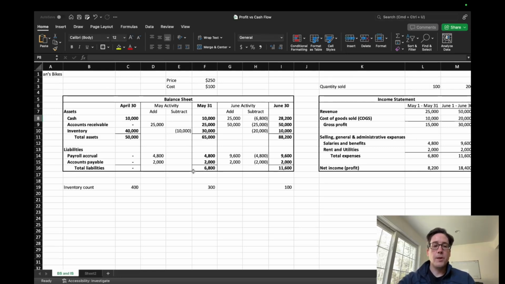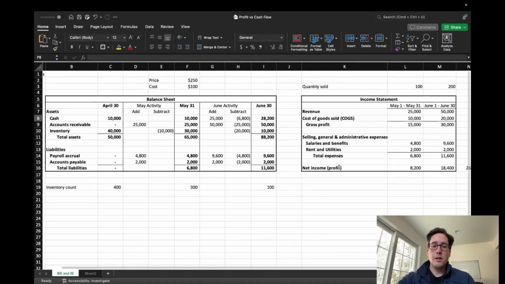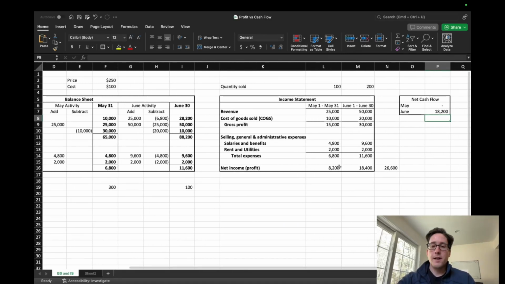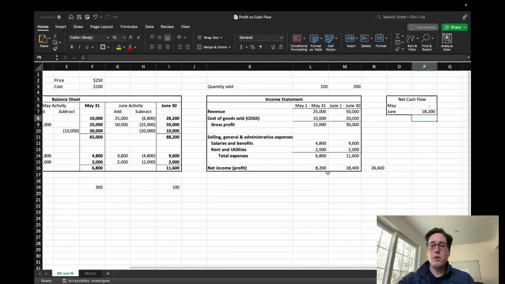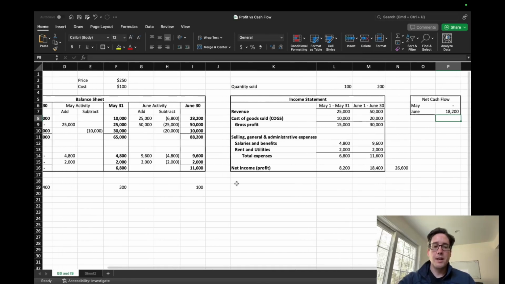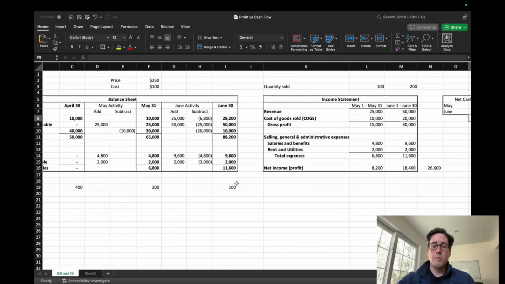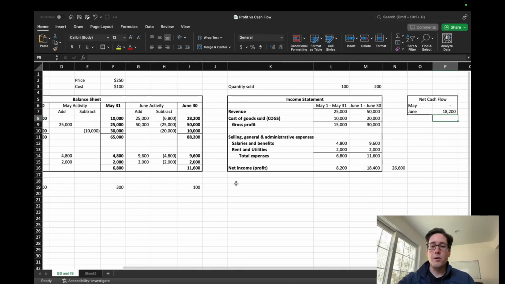Without this accrual accounting method, you wouldn't get a good marker or idea of what your net income is, what your profit is. If you were just cash basis, it would be hard to analyze how well your business did month over month.